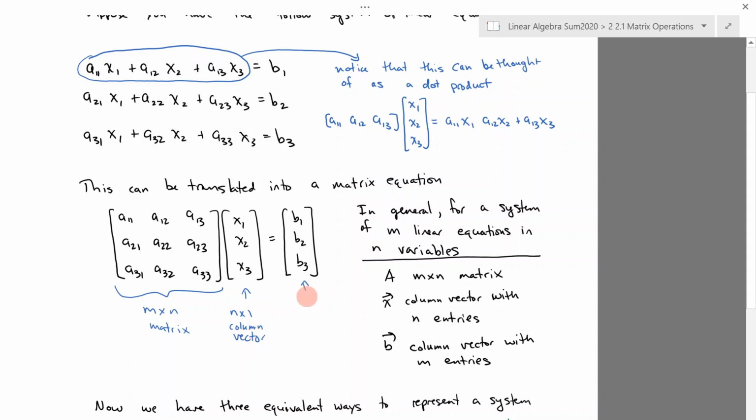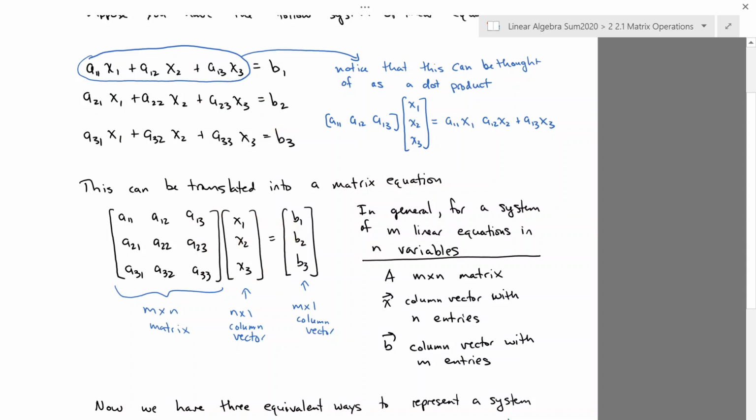And then this will be an m by 1 column vector. The reason it has to be this way is because of matrix multiplication. This number n has to be the same as this number, and then the resulting size should be this by this. So when you have a mismatched number of equations and variables, you should be careful about the size of these matrices.